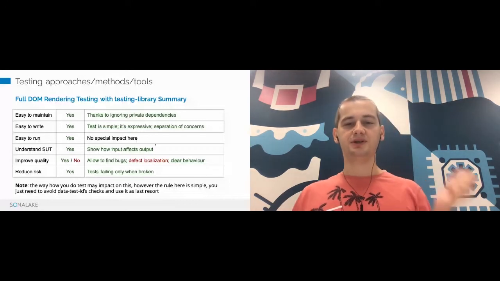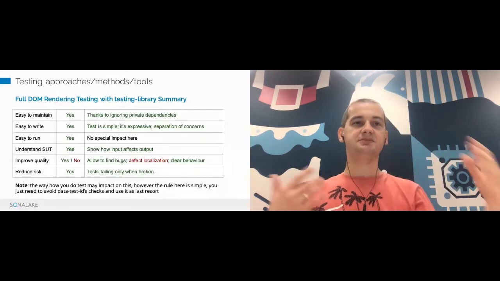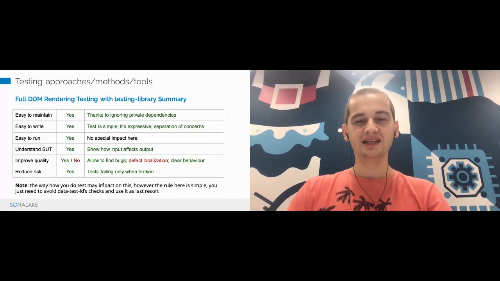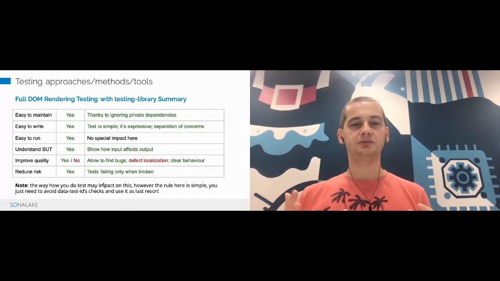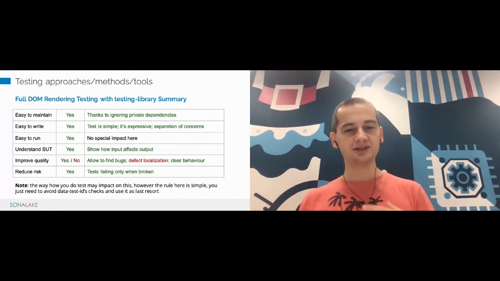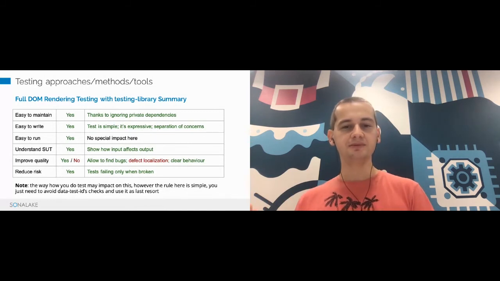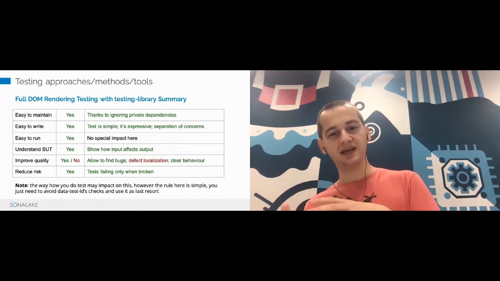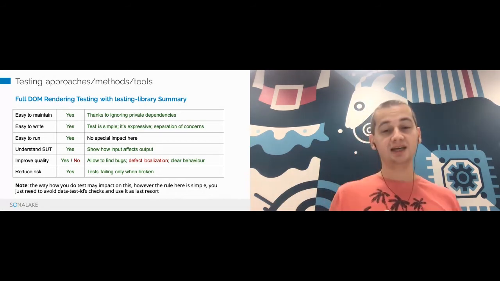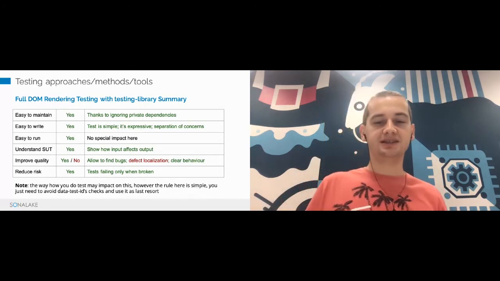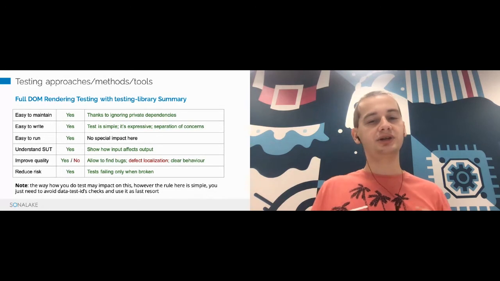So, for example, you may test by so-called data test IDs. The idea is that we may create some anchors in our HTML markup and then search for these anchors and test that this anchor is just there, and this is not a very good idea.